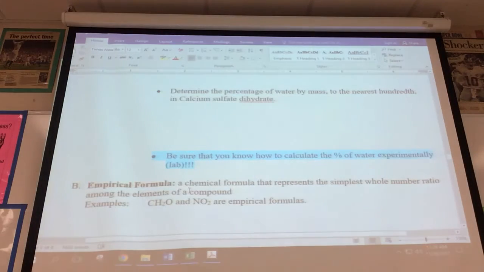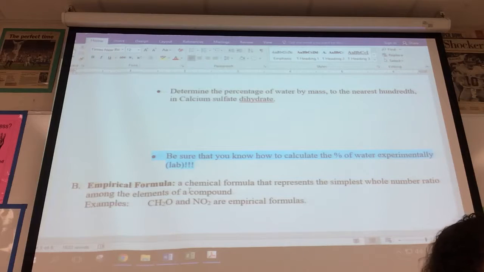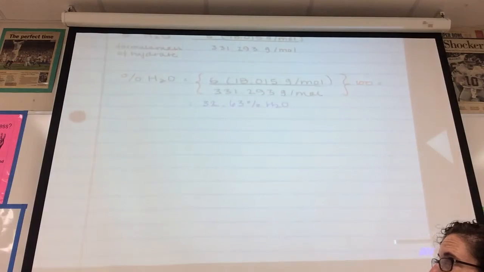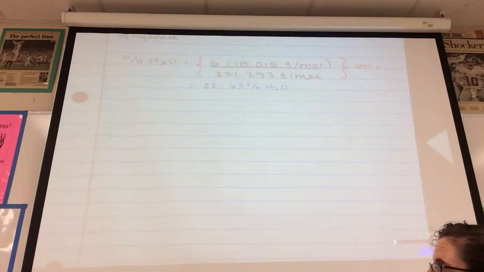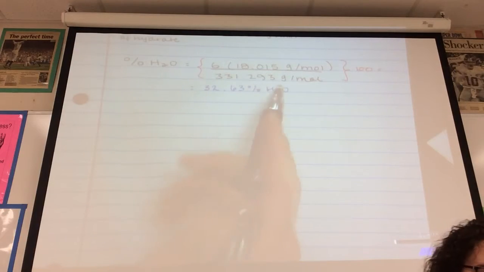The second one says determine the percentage of water by mass to the nearest hundredth in calcium sulfate dihydrate. So the first thing we need to do is write the chemical formula for calcium sulfate dihydrate.